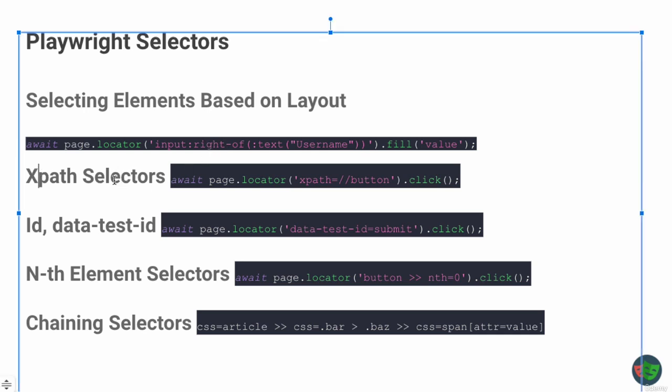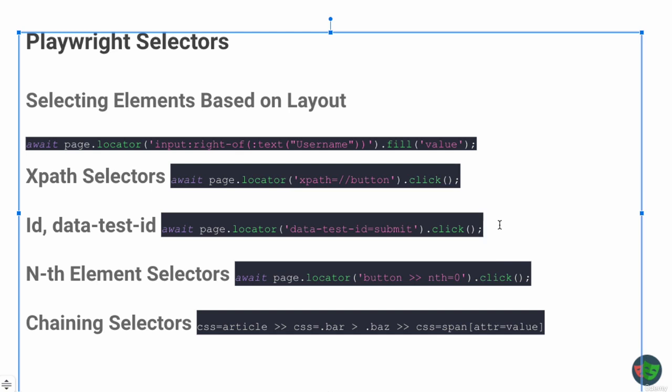Then, as I said, XPath selectors. This is just a simple XPath, and it selects a button. And I will explain the way you can use XPath. It works like nodes, but we'll check this later. Then you may have heard about the attributes.